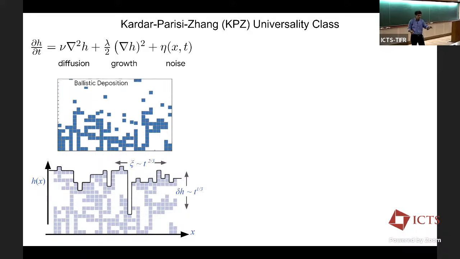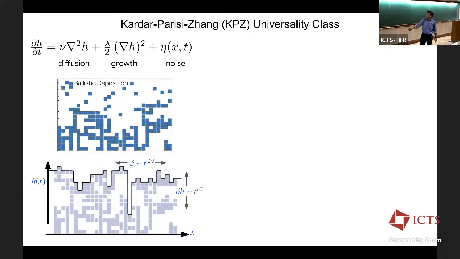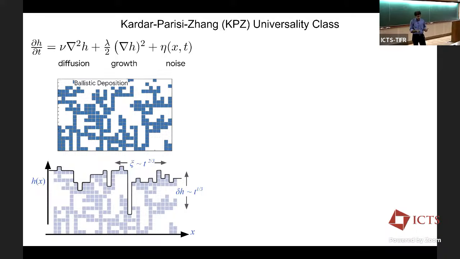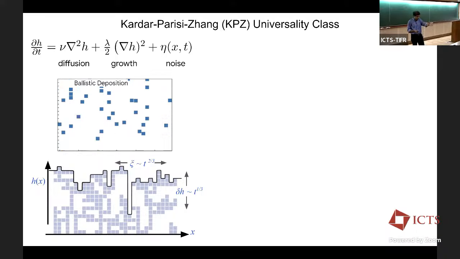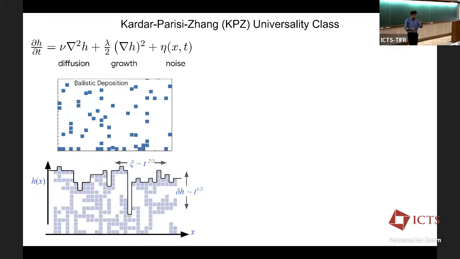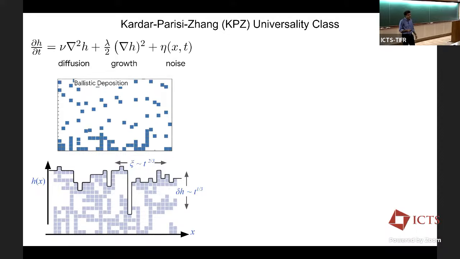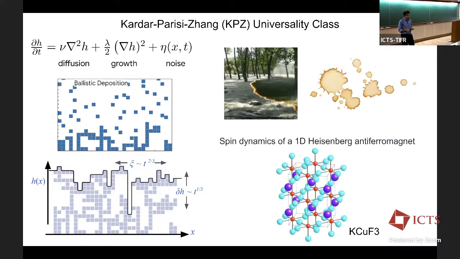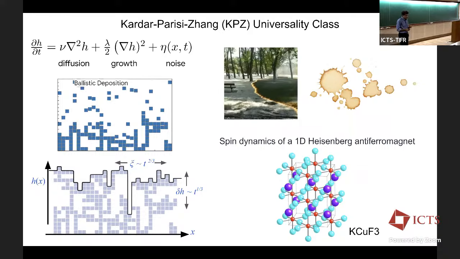You can take a snapshot and analyze the height. There is a correlation length and there is a fluctuation in height, and that falls into the KPZ universality class. That is what we are trying to connect to our magnetic chain.